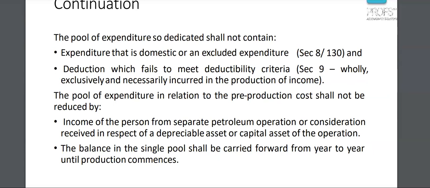Then also that expenditure must meet the one principle, that is wholly, exclusively, and necessarily. And even this cuts across the deductibility principles when it comes to the disallowing and then the allowing of an expense in computing the chargeable income of a business.